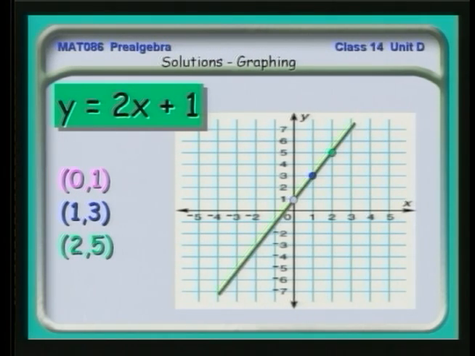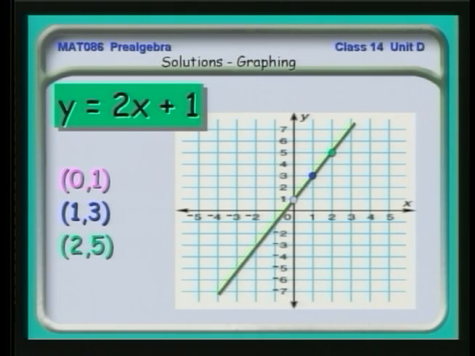Notice that those points fall in a straight line, and in fact that straight line represents every possible pair of solutions for that equation. For example, if we look over x, where x goes to 3, and then follow up until we see where that line crosses at y, we see y equals 7. Let's try that. Suppose x equals 3 when y equals 7.